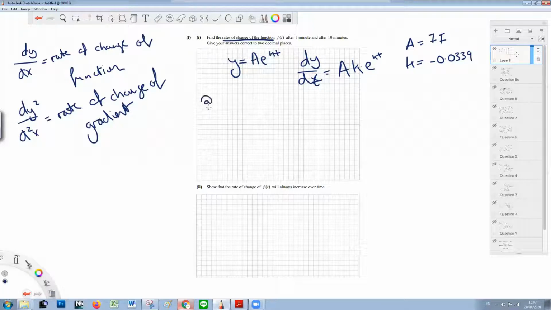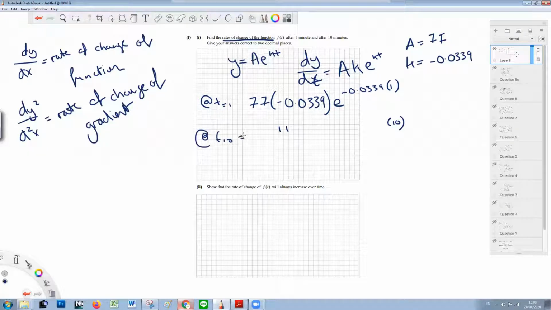So at t is equal to 1, it's going to be 77 times minus 0.0339 times e^(minus 0.0339 times 1), and at t equals 10 it's going to be the exact same thing with times 10. So I'll write that in altogether, just in case anyone is not sure what I'm talking about.